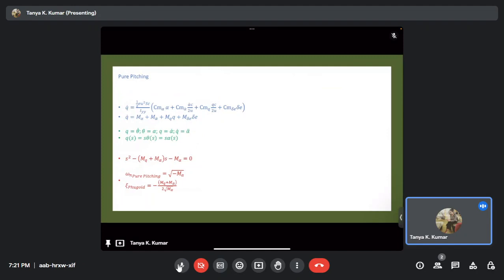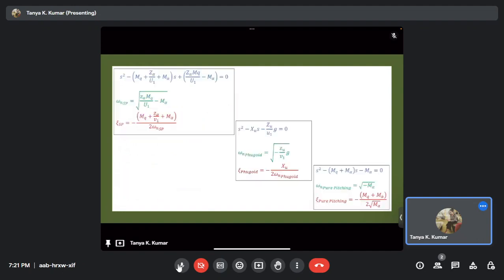The assumptions made in that case are given here, and when you perform the analysis you get a second order equation, again equated to a typical second order equation. So you get the natural frequency and damping ratio.